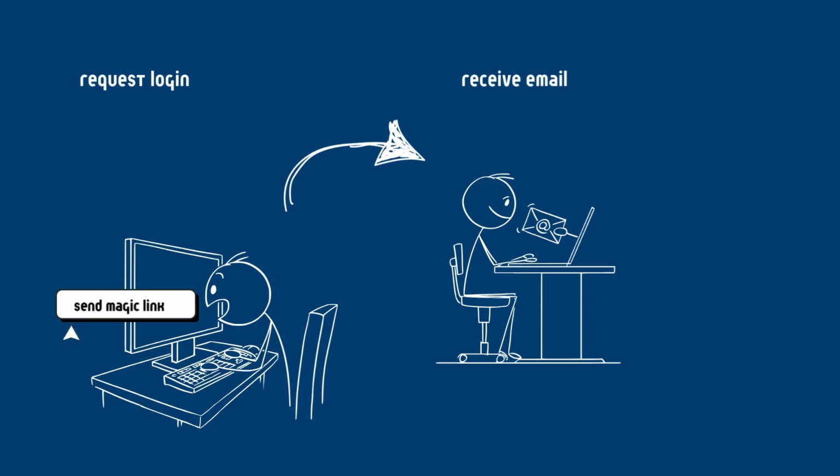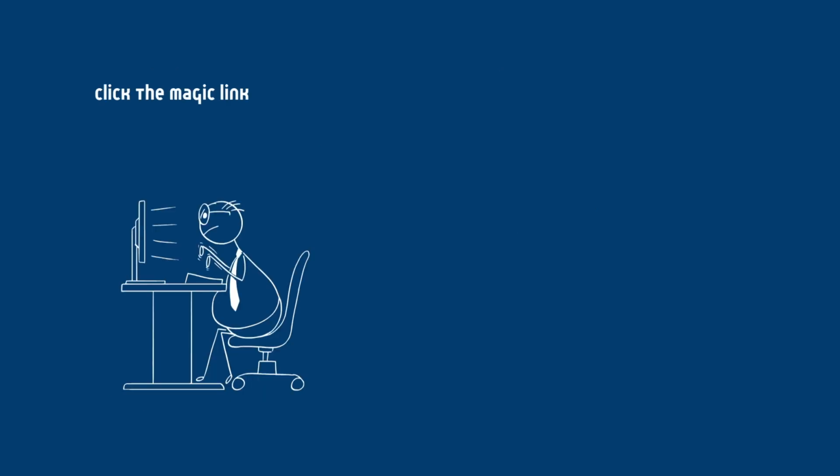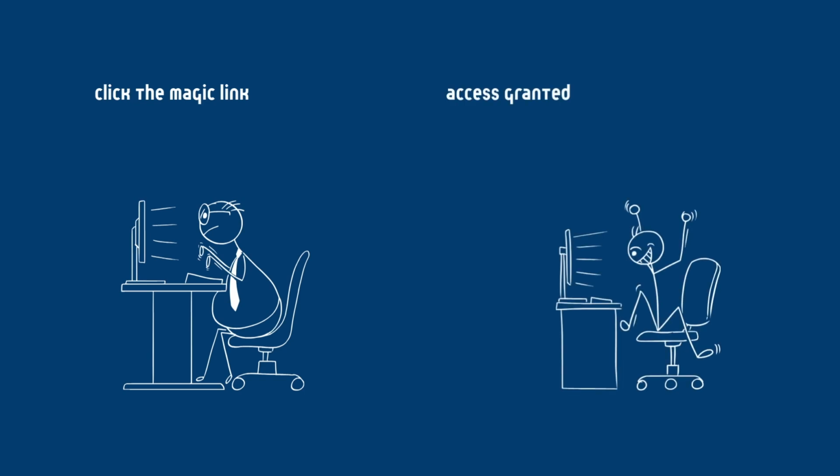This email contains a unique time-sensitive link. That's the magic link. Then the user opens their email, finds the message, and clicks the magic link. This link automatically logs them into the app without the need for a password. Once the link is clicked, the app validates the request and logs the user in.